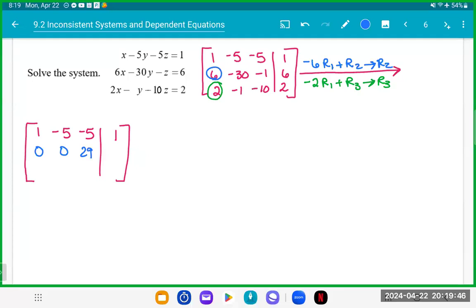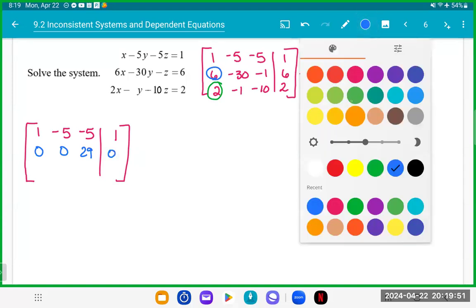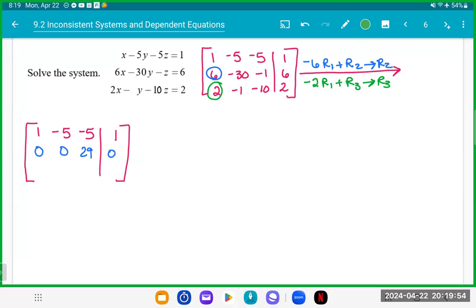And -6 plus 6 is 0. Okay. -2 times 1 plus 2 is 0. -2 times -5 plus 1 is 9. -2 times -5 plus -10 is 0. -2 times 1 plus 2 is 0. Okay.